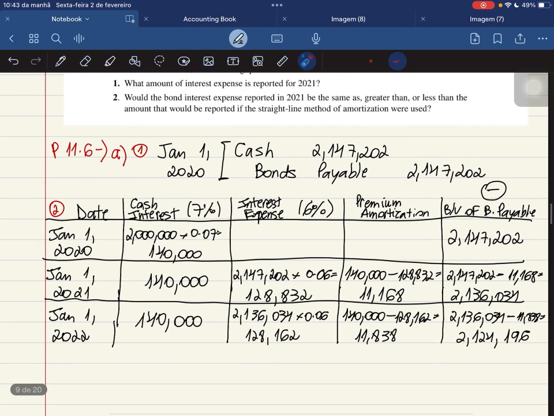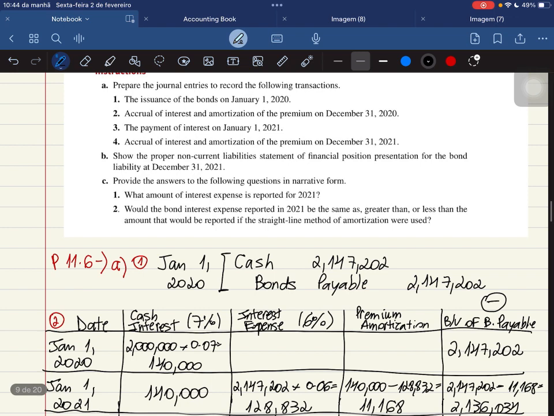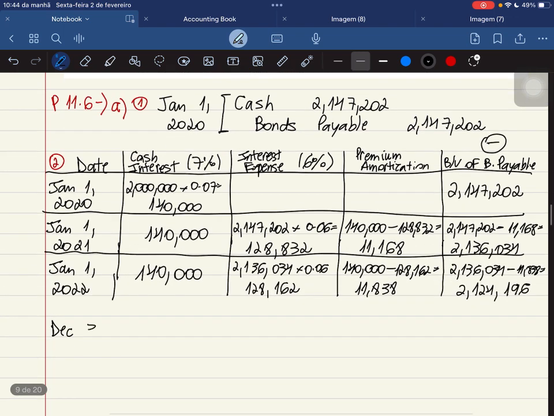Okay, so on January 1st of 2021, that is when we paid the interest for the year of 2020. And on January 1st of 2022, that's when we paid the interest for the year of 2021. So over here, when we make the entry for December 31st of 2020, we are actually looking at this number over here, right?